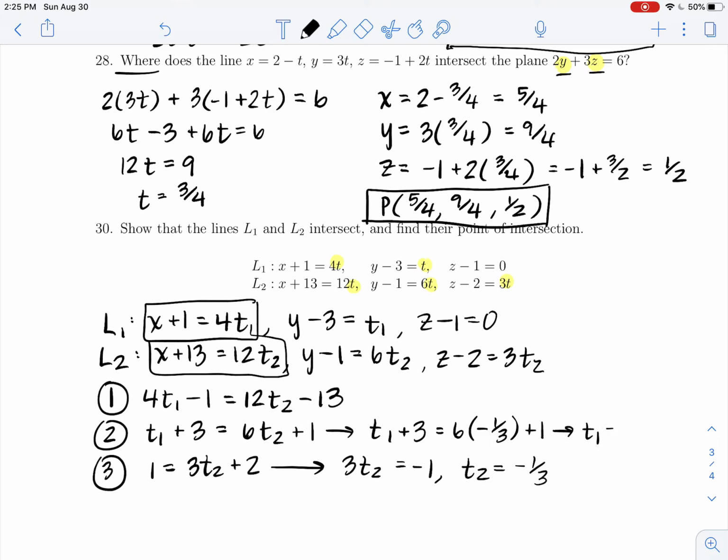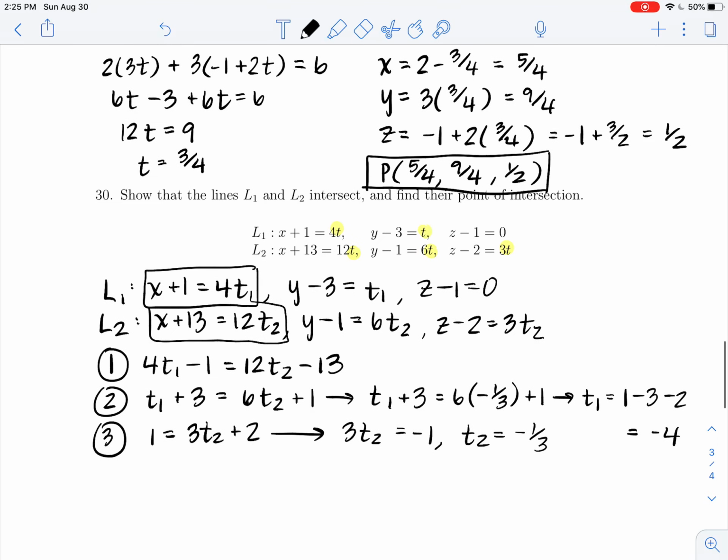So I get T1 equals 1 minus 3 and then minus 2 for a total of minus 4. So what we're now claiming is that when T1 is negative 4 and when T2 is negative 1/3, these lines must intersect. But we haven't checked if that satisfies equation 1, because if it doesn't, then it's no good.